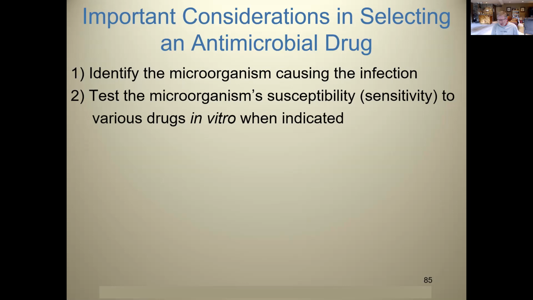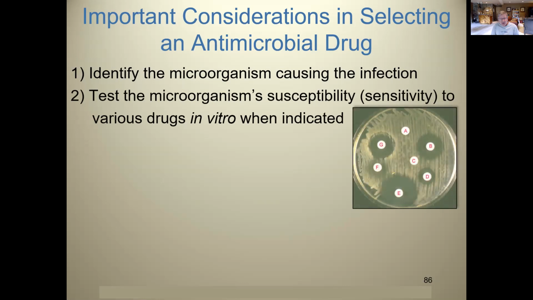So again, if you're the clinical researcher and you're working on a particular species of bacteria, Streptococcus, Pneumococcus, Pseudomonas, the list goes on and on, you would have to expose that particular microorganism, that particular bug, to different kinds of drugs to see at what point do we see decreased cell division, or at what point do we see the cells completely disappearing because we've destroyed them, for example. So we're going to talk a little bit about different tests that can be performed to determine how sensitive a given microbe is to, let's say, a bacterium, to a particular antibiotic, for example.